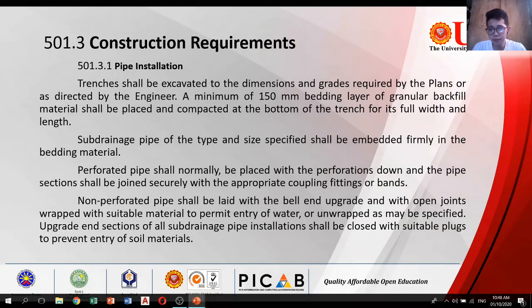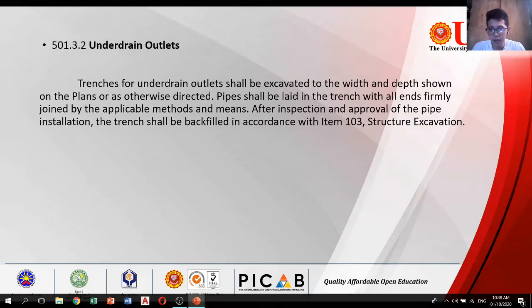Non-perforated pipe shall be laid with the bell end upgrade and with open joints wrapped with suitable material to permit entry of water or unwrapped as may be specified. Upgrade end sections of all sub-drainage pipe installation shall be closed with suitable plugs to prevent entry of soil materials.